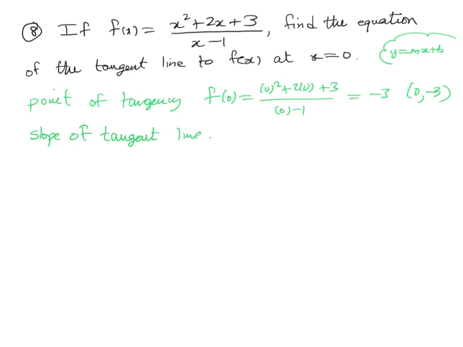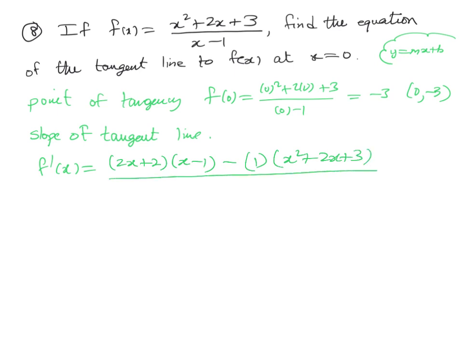So f prime of x is going to equal, well, this is a quotient rule problem. So first I take the derivative of the top. So it's 2x plus 2 times the bottom left alone times x minus 1 minus, now I take the derivative of the bottom, the derivative of x minus 1 is just 1, times the top left alone, x squared plus 2x plus 3 left alone, all over, and then the bottom squared.